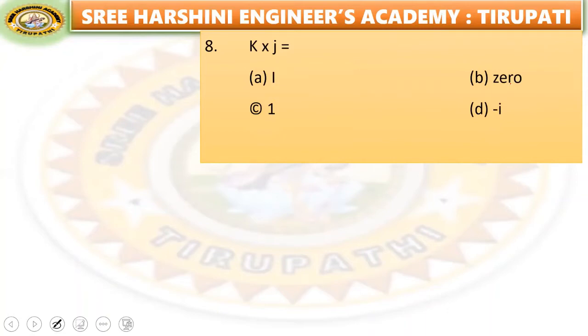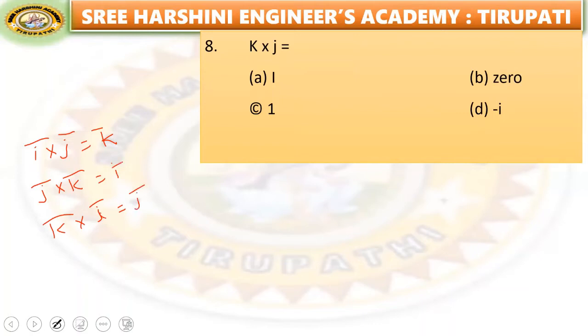Next, k cross j equal to, we have a relation here. What is that? I bar cross j bar is equal to k bar. These are the properties in the vector product. Next, j bar cross k bar is equal to I bar. K bar cross I bar is equal to j bar. This is the cyclic order.